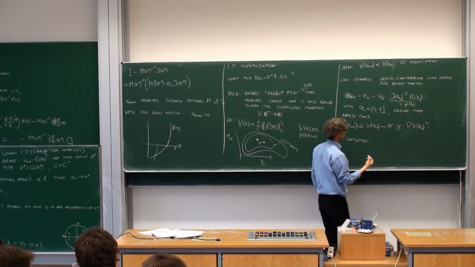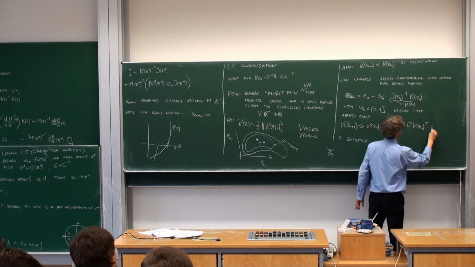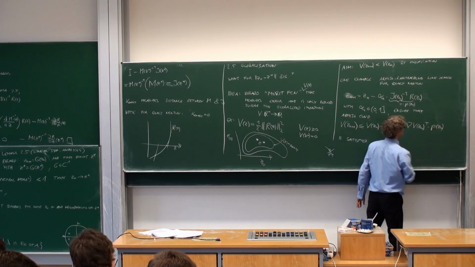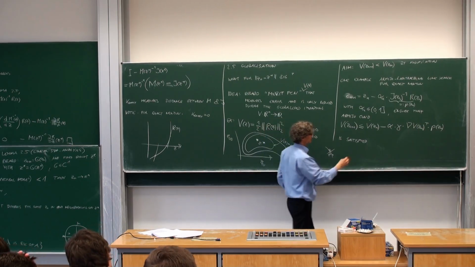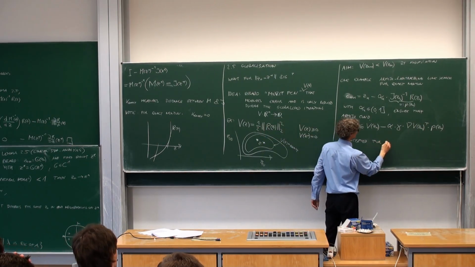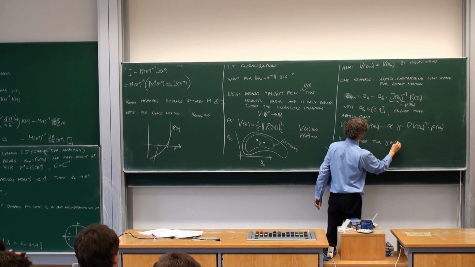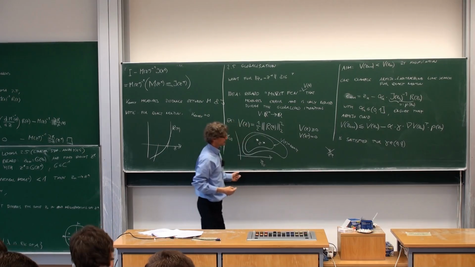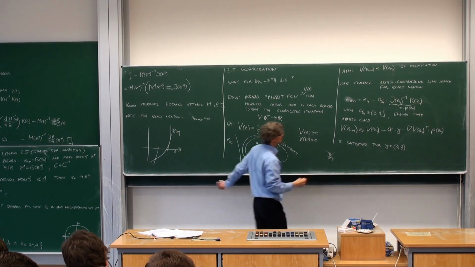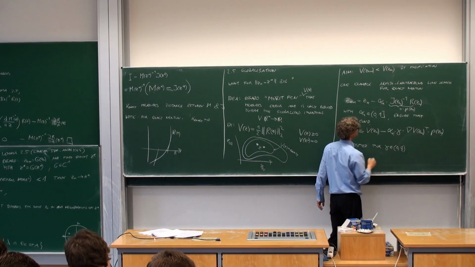That is just a definition of this step, p of zk. This condition holds for some gamma which is between 0 and 1/2.